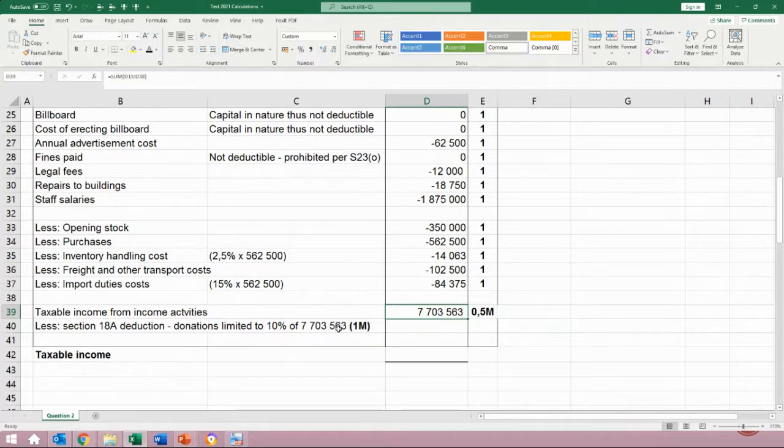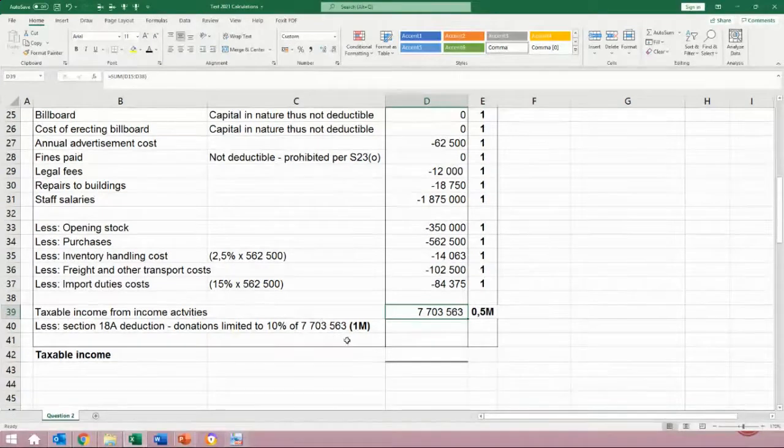Now, a lot of students did not do these two items, so you lost a mark and a half for something that is not really that complex. Some students that ran out of time put an amount in here and then stated this, and they still got the mark for just doing that step by showing that subtotal and then showing the limit of the 10%.